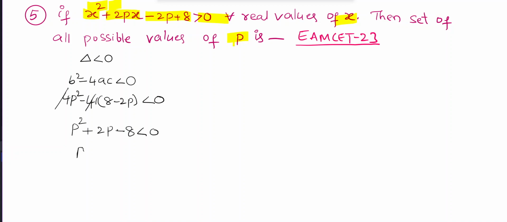This is written as (p plus 4)(p minus 2) less than 0. That means p belongs to (minus 4, 2). This is the set of all possible values of p.